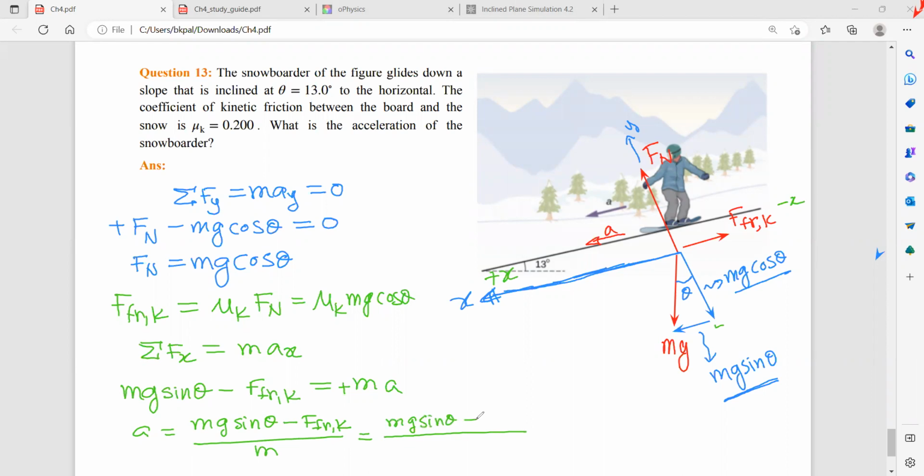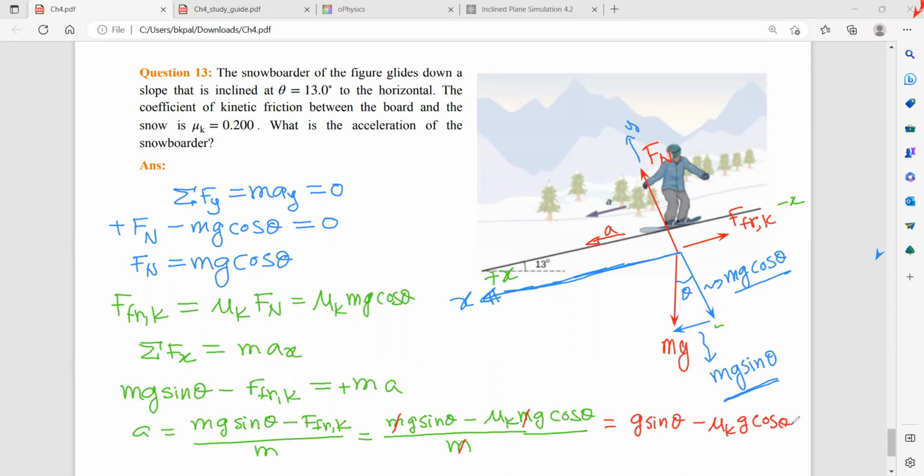Now let's substitute the friction force. The friction force is mu k mg cosine theta over m. You see that m is common in all the terms, so m and m cancel out. So the equation we have here is basically g sine theta minus mu k g cosine theta. Here you know everything.